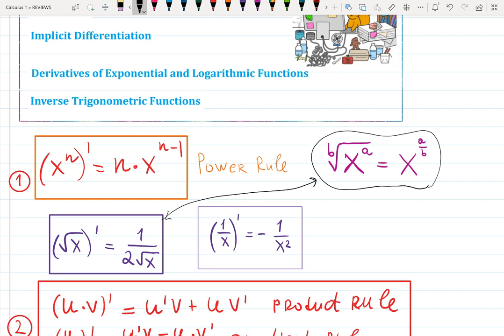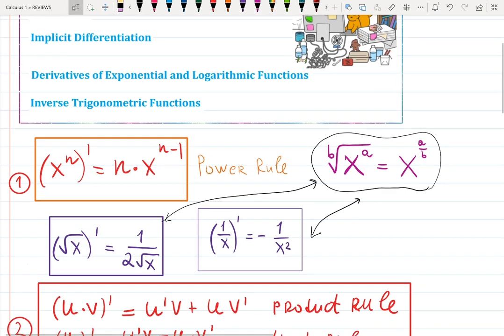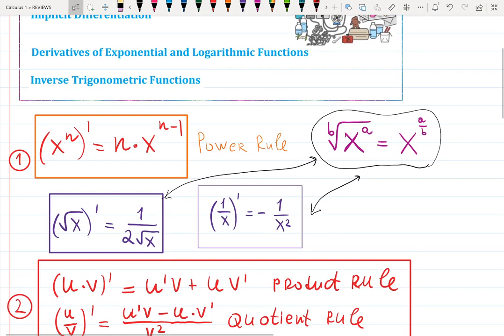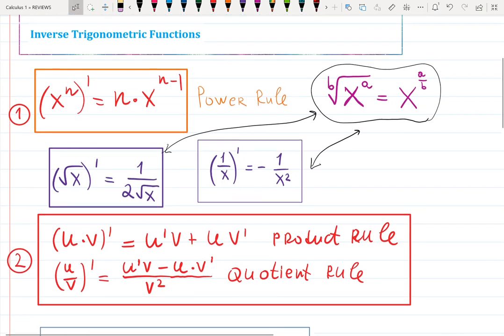What is (1/x)'? You can also rewrite it as x to the negative 1. Negative 1 goes down, x becomes x to the negative 2, which is negative 1/x squared. It's up to you to decide if you want to be faster and remember these formulas, or just rewrite first and then differentiate without making mistakes.